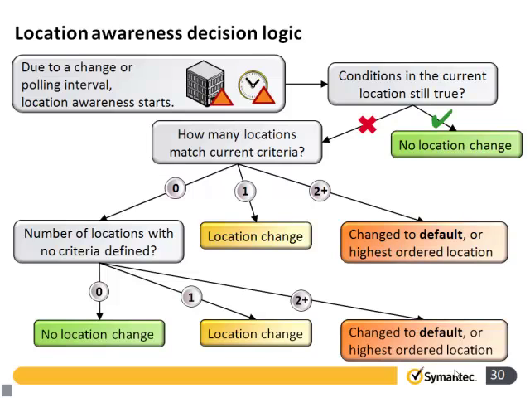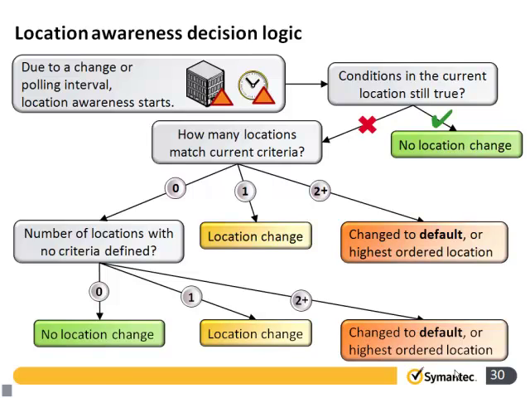If only one location matches, then that location will change to it. If 0 locations match, it will then follow the 0 route and check if no criteria has been defined, in which case there may well be no location change. If you have 2 or more locations that match the current criteria, it will change it to the default.